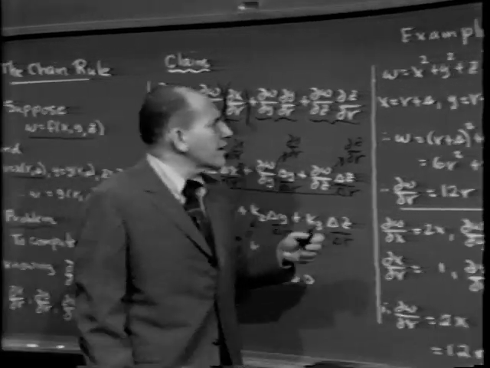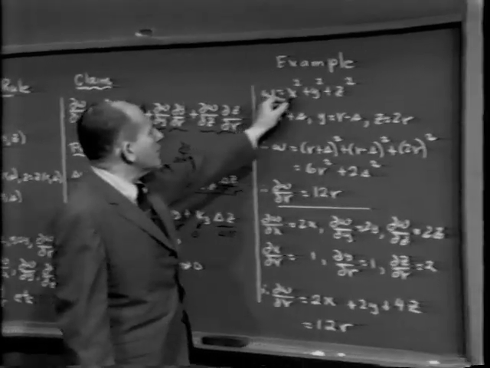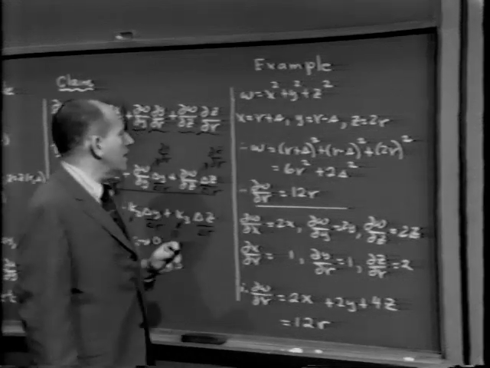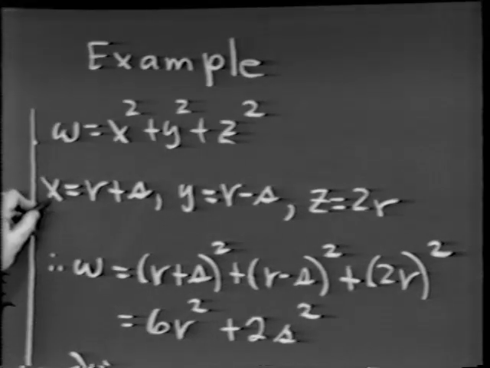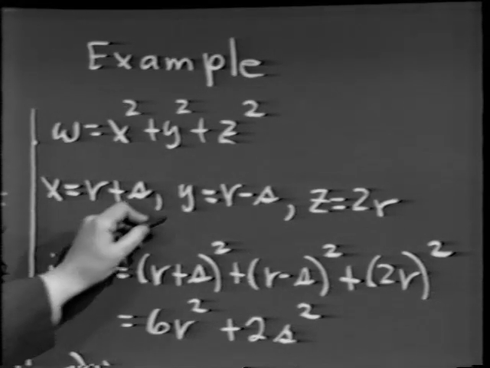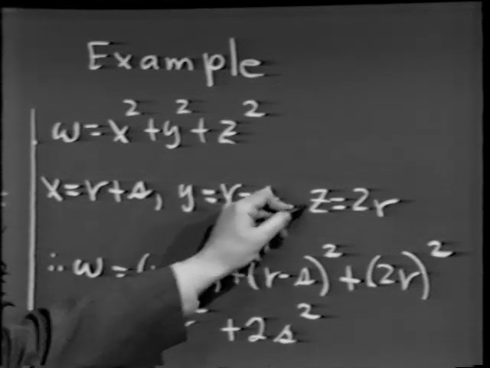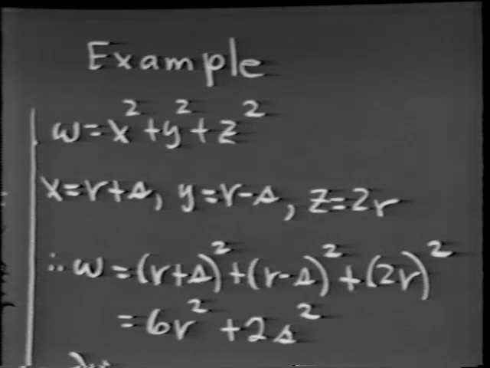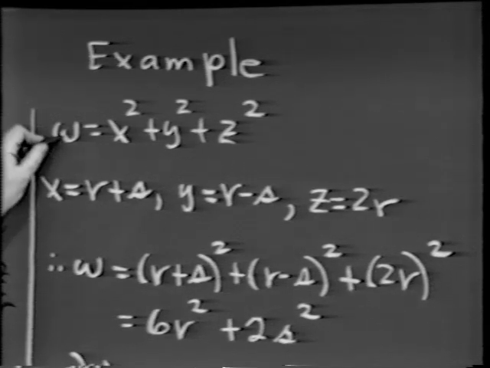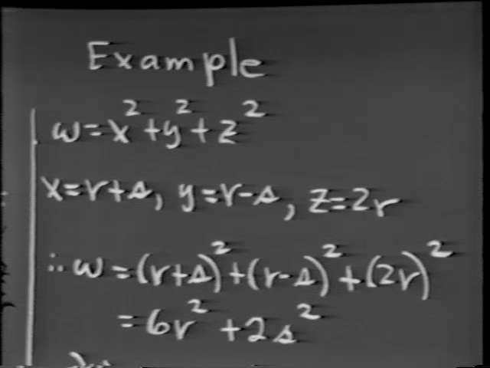Let's take a very simple example. Let's suppose that W equals x squared plus y squared plus z squared. Suppose we also know that x is r plus s, y is r minus s, and z happens to be 2r. In this particular case, notice that we would find the partial of W with respect to R very conveniently by direct substitution.